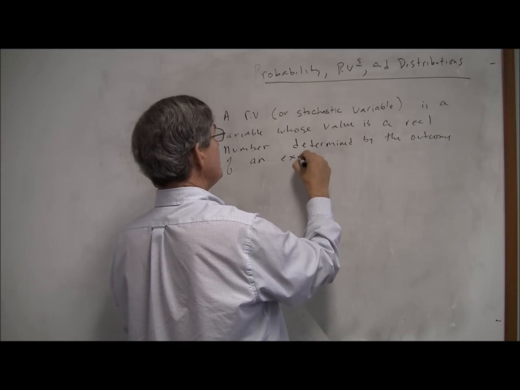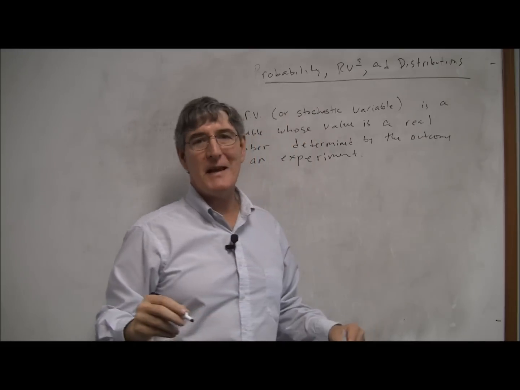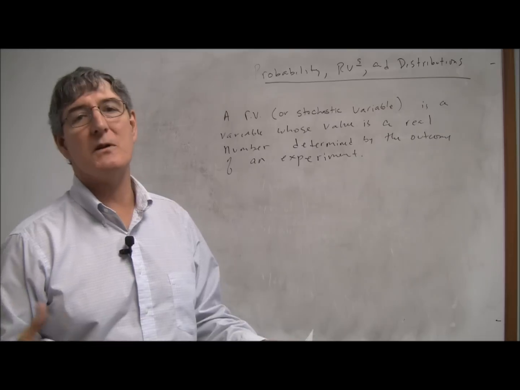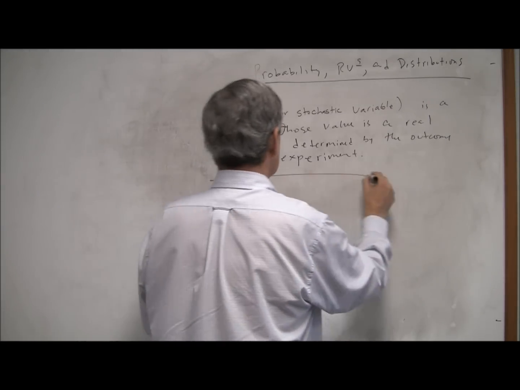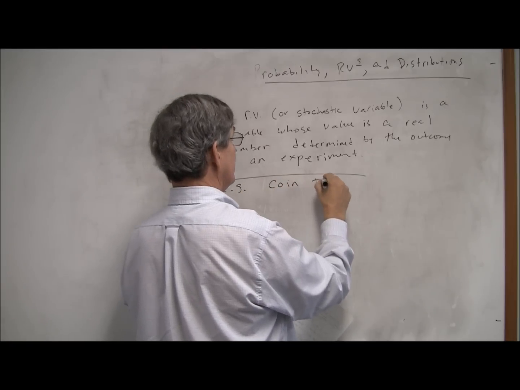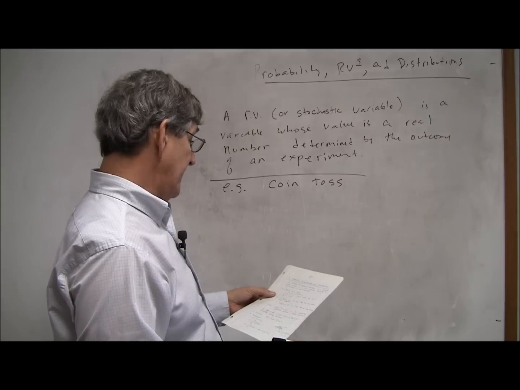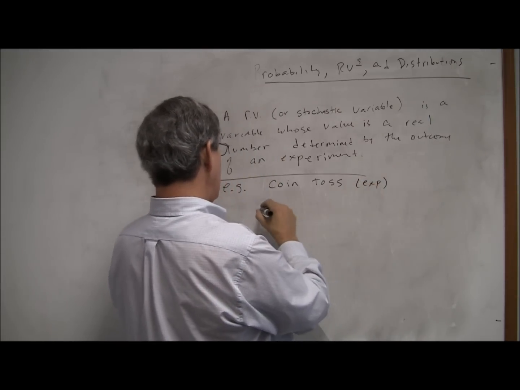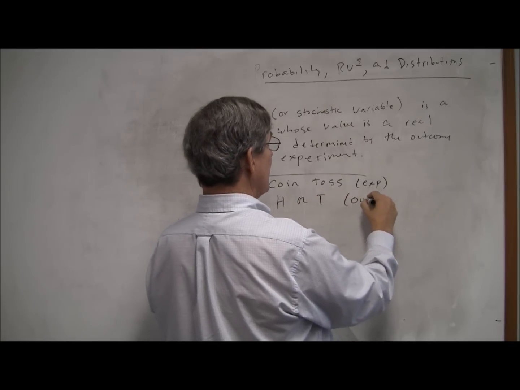Sometimes we perform those experiments in the lab. Sometimes nature performs them for us, so nature might put out random variables through some sort of what we call a natural experiment. For example, a coin toss. That's the experiment, and then a head or a tail is what we call the outcome of the experiment.